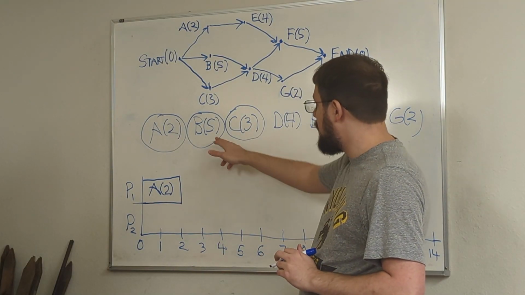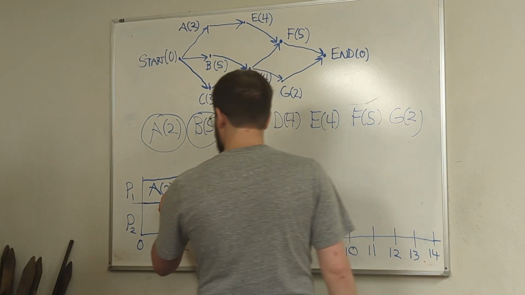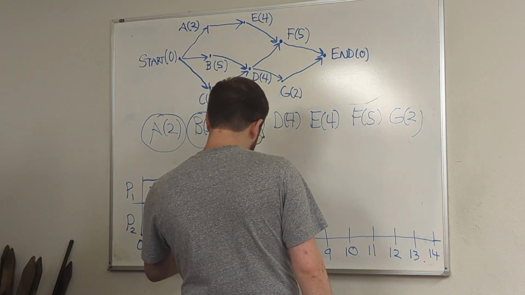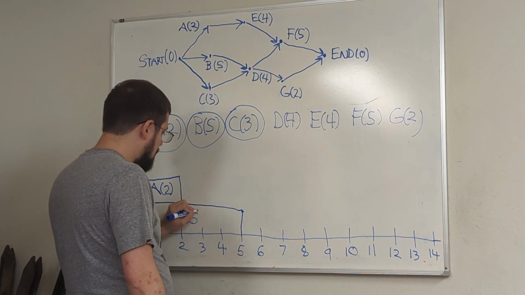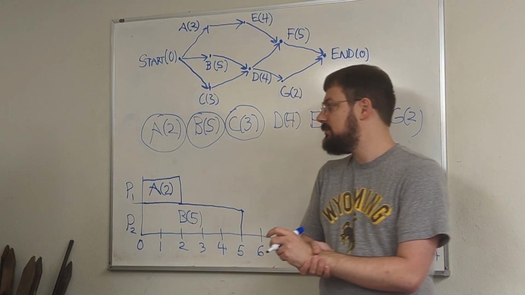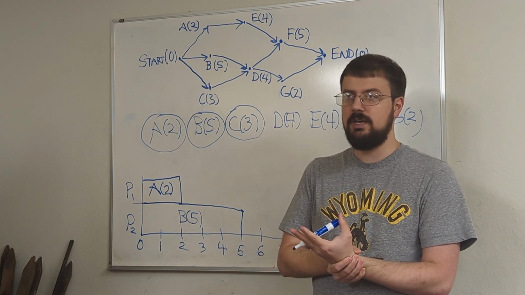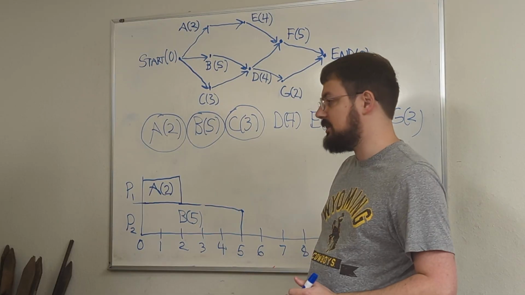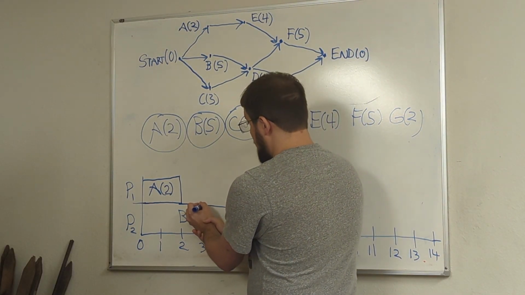And for B, we're going to have the same thing except it's going to be length 5. Note that because we're assuming all processors take the same amount of time to complete any given task, we could have easily switched which one we give to P1 versus P2, and it wouldn't have mattered.